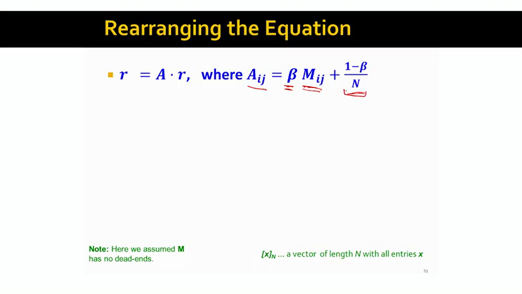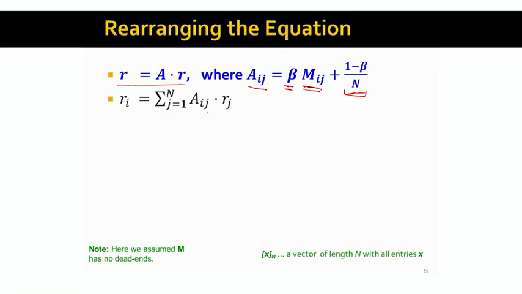So now that we have this, let's unpack our PageRank equation. If we unpack it, what we are saying is that entry i of the rank vector r is simply a summation over the j's, where j ranges from 1 to n, of A_ij times r_j.